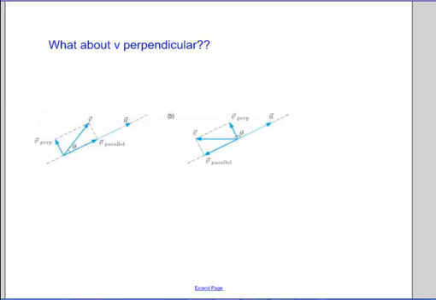Okay, well, what about V perpendicular? How are we going to find that? Well, let's think about that. Take a stab and maybe pause the video and see if you can find V perpendicular.